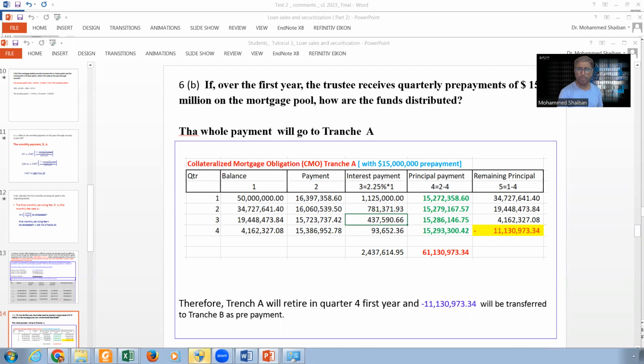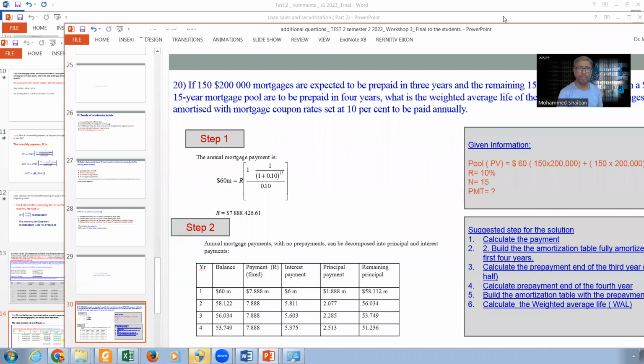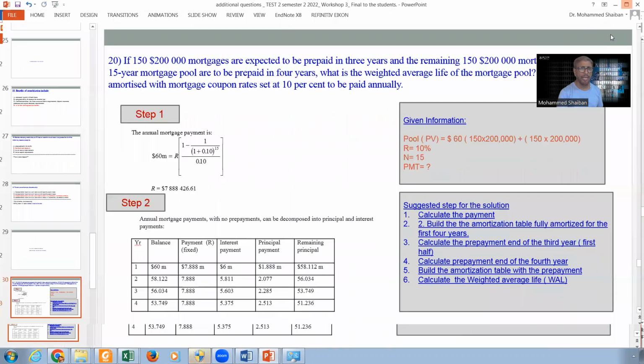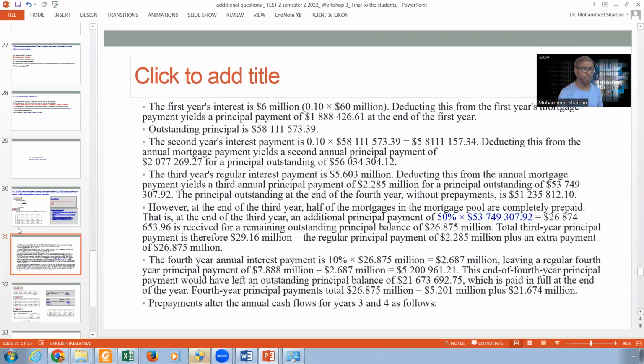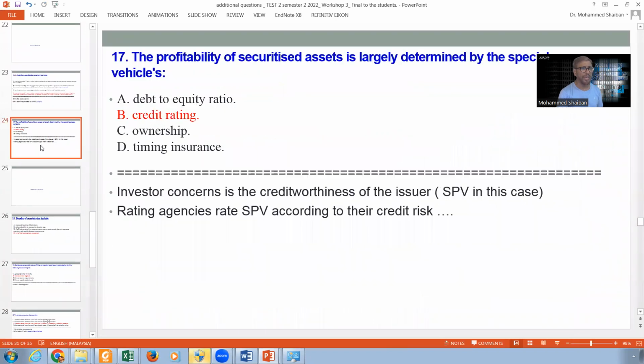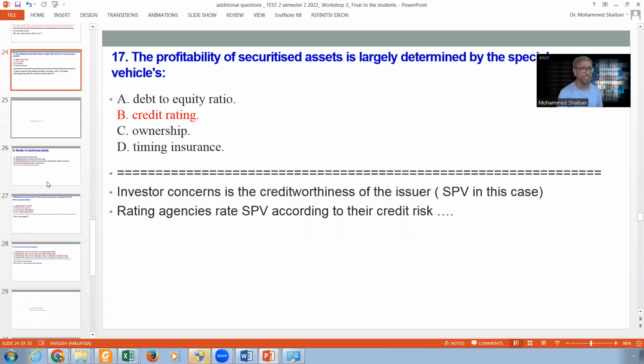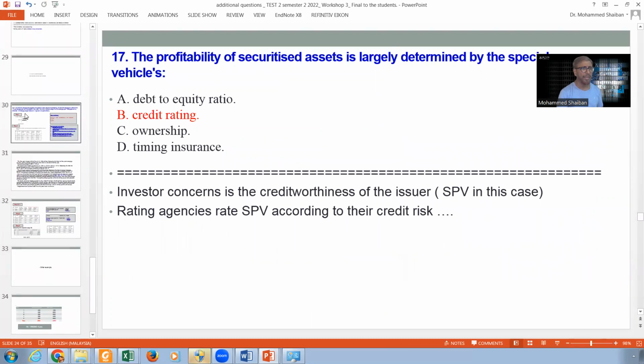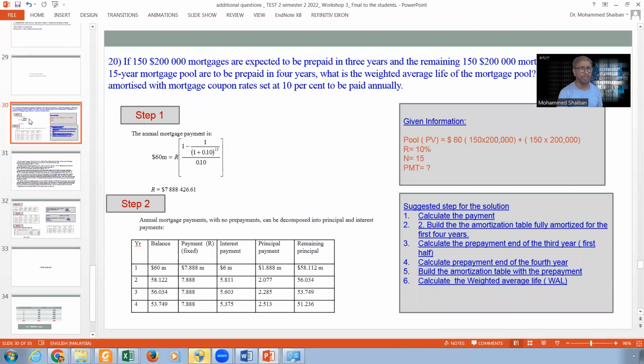I think we haven't discussed this in the tutorial, but I added it for you in this workshop, and we talked about something called the weighted average. If you look at this, all those questions are interesting, and please be aware of them. Just this issue, which has some calculation, which is the calculation of the WAL.